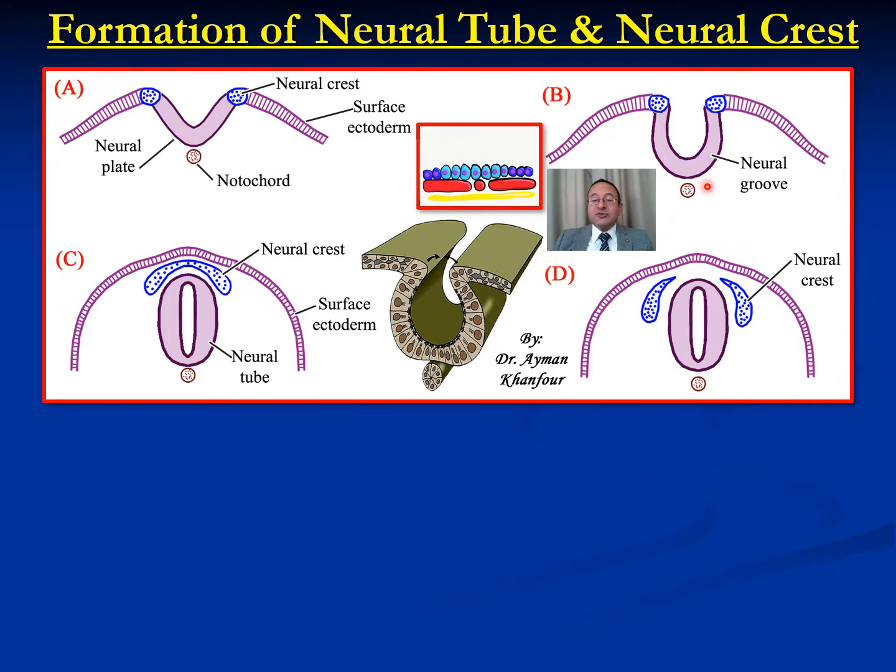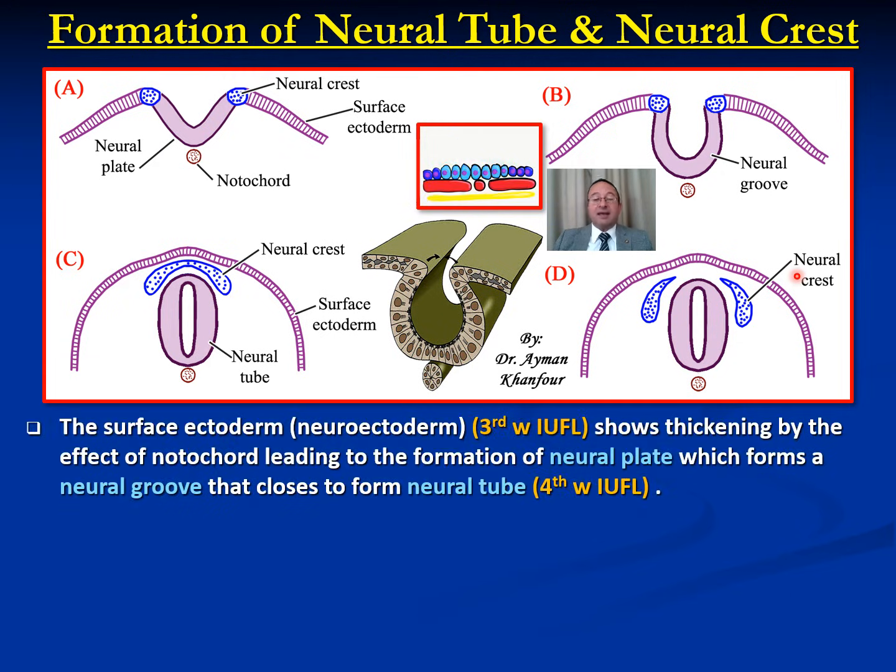Meanwhile, this neural groove closes to form the neural tube, which closes at the fourth week intrauterine fetal life. So again, we have neural plate, neural groove, and neural tube.